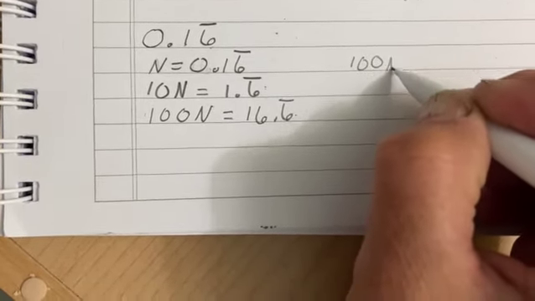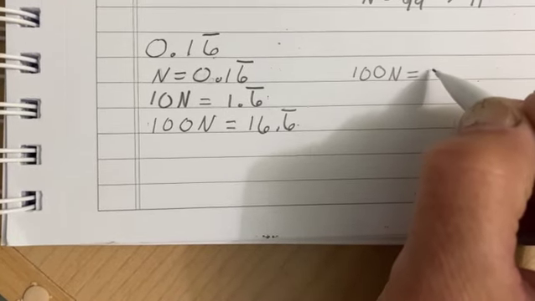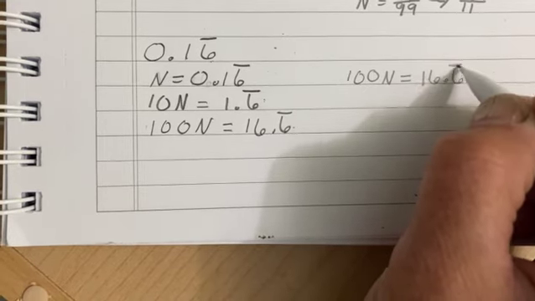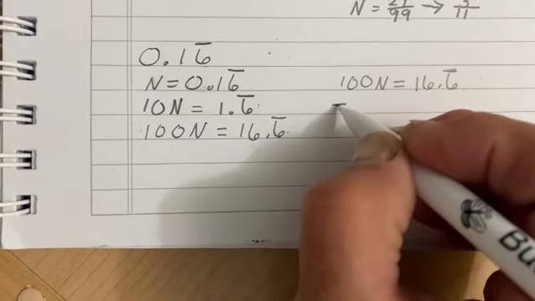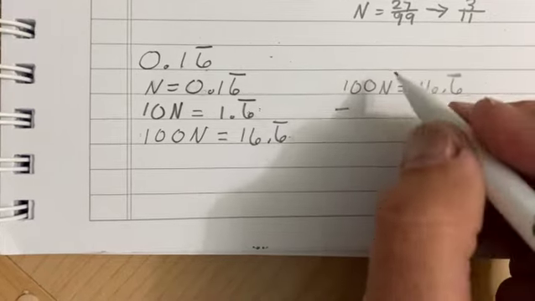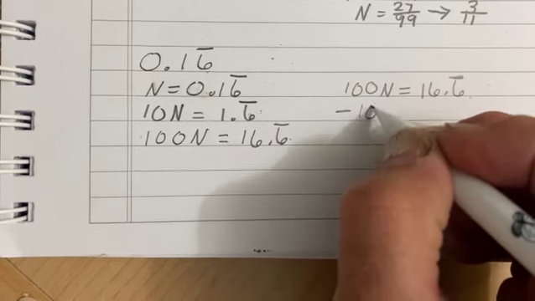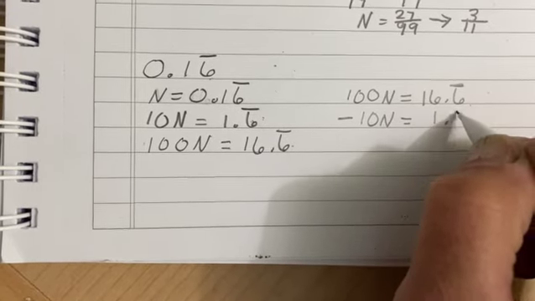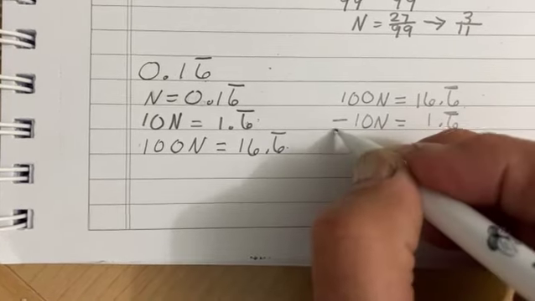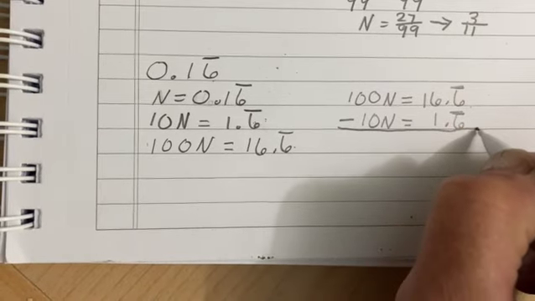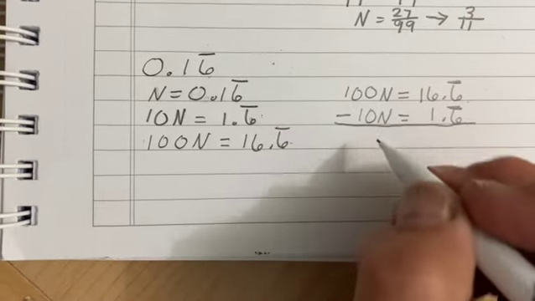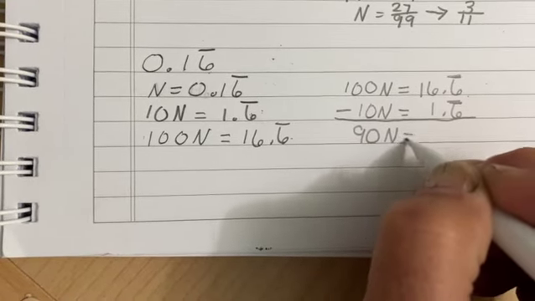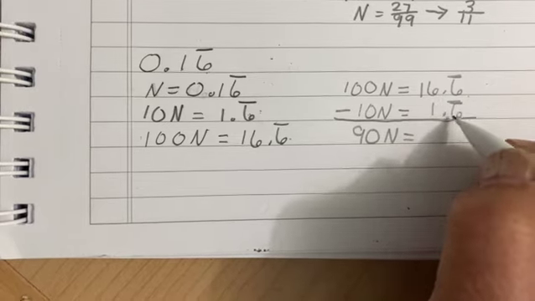So you start with 100n equals 16.6 repeating, and then you're going to subtract from it 10n equals 1.6 repeating. As you can see from that, the 0.6 repeating is going to cancel. But I have 100 minus 10 this time, so it's 90n equals, and then the 0.6 repeating cancels.